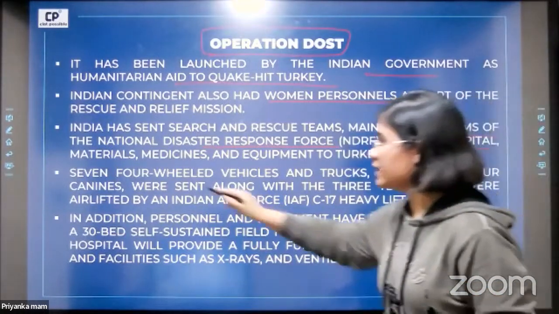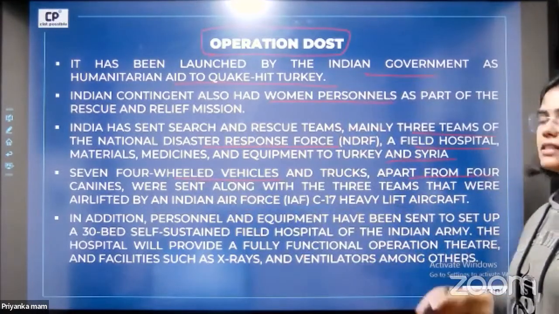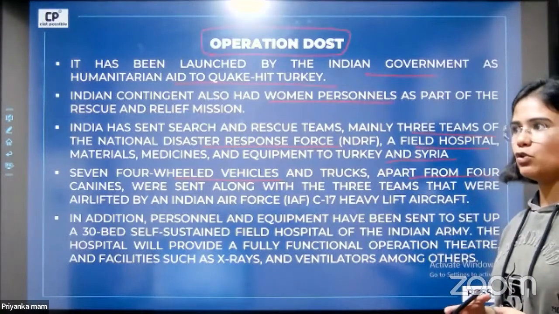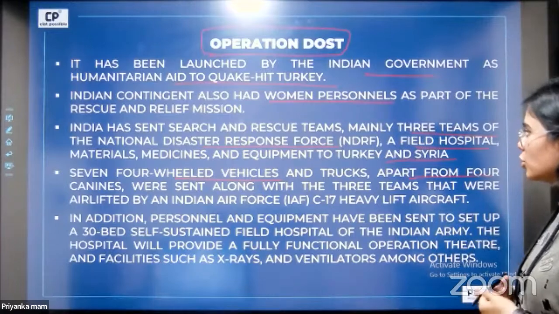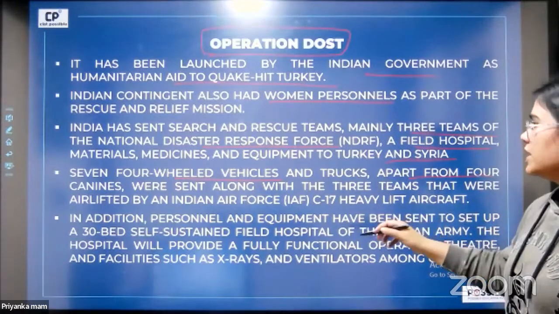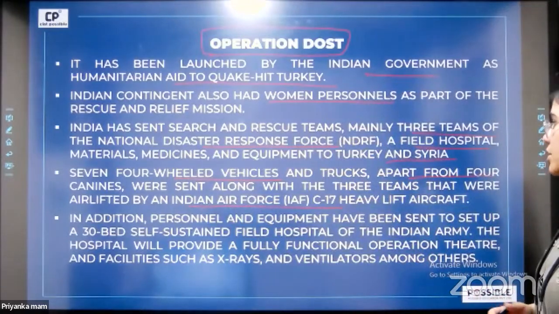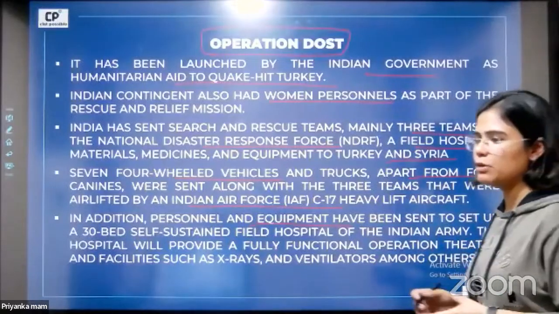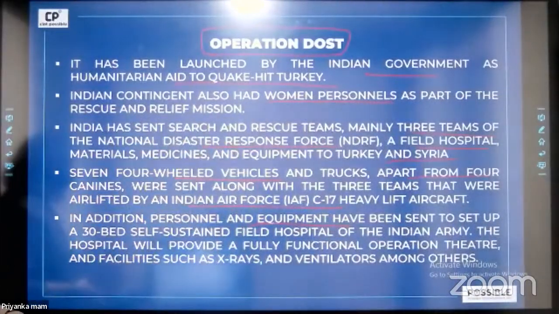We've also sent 4-wheeled vehicles and trucks, apart from canines, our dogs, who've found a lot of people under the rubble, which is really, really good. Okay. So besides this, we've also airlifted a lot of people. In addition, we've sent a lot of people and equipment to be able to take care of this country during this time. Okay.